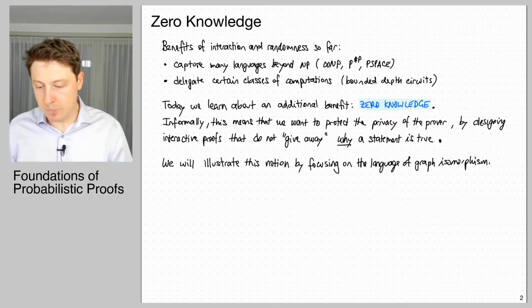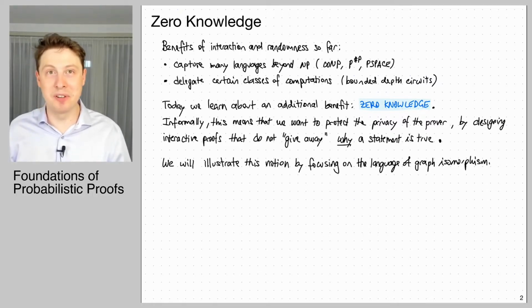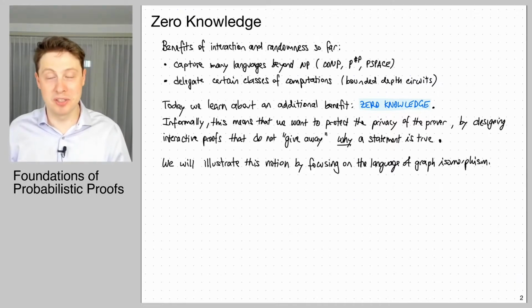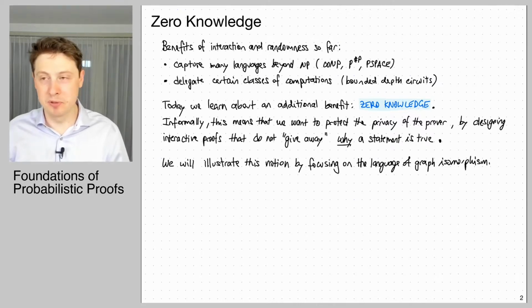Now, graph isomorphism is a wonderful example for many things, not just as a simple interactive proof before we get into arithmetization, and also as a type of interactive proof for which we can obtain public coins fairly easily, but yet again it will come back, and it's a very nice example to illustrate basic properties about zero knowledge.